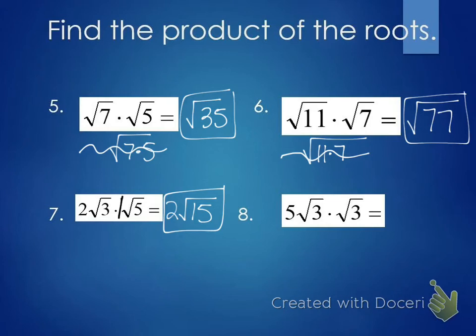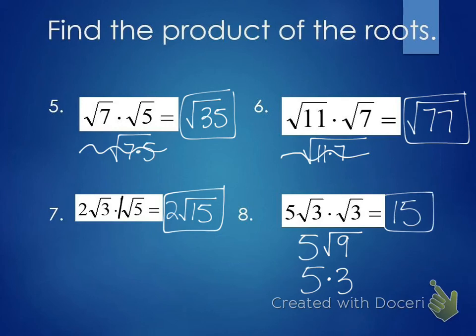So on number 8, when we started off, the 5 is getting multiplied by 1 again, which is a 5. 3 gets multiplied by 3, which is 9. This time, though, we can simplify. What is the square root of 9? 3. So this becomes 5 times 3, which is 15.